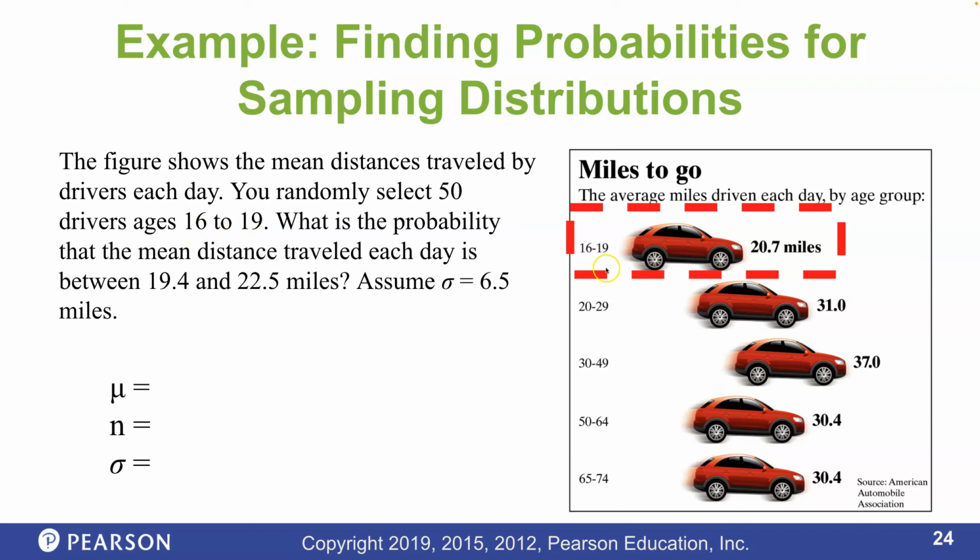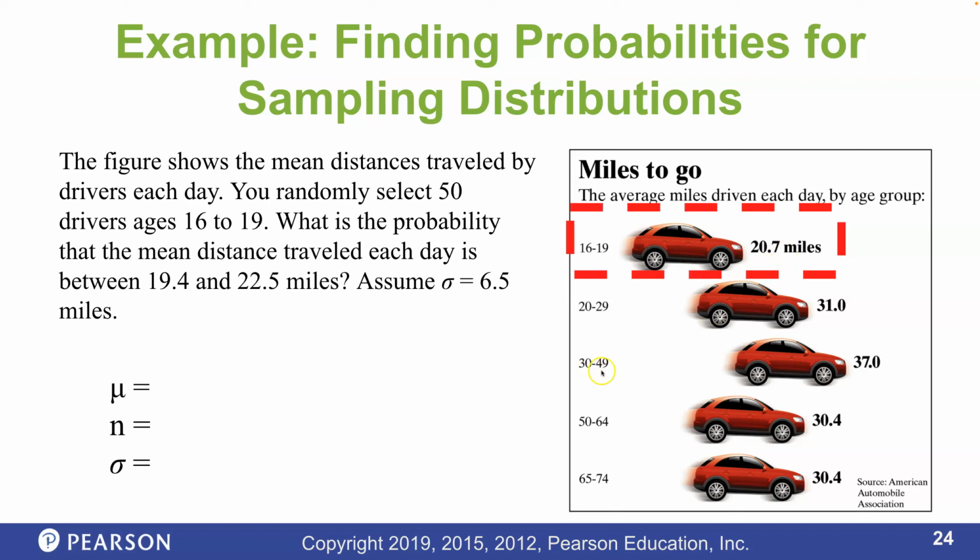But when I looked at this, maybe that's why I drew this red box around it, because this shows the average miles driven each day by age group. So the first box right there, the first picture, that's the age group that we're looking at. So 16 to 19, they drive about 20.7 miles on average.